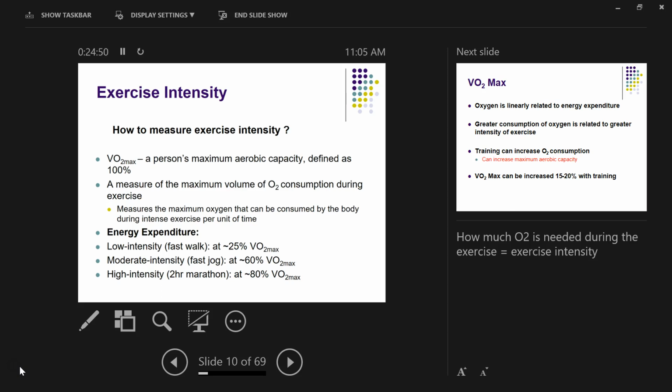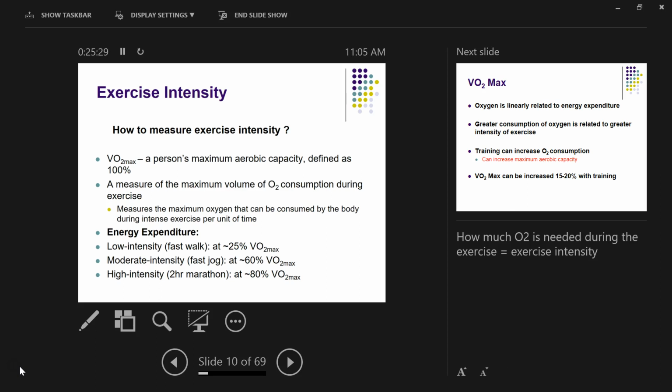So usually an individual's maximum aerobic or oxygen capacity is defined as 100%, right? But I want to remind you that each individual's maximum oxygen consumption is different, right? But again, 100% is defined. The maximum oxygen capacity is defined as 100%, right?